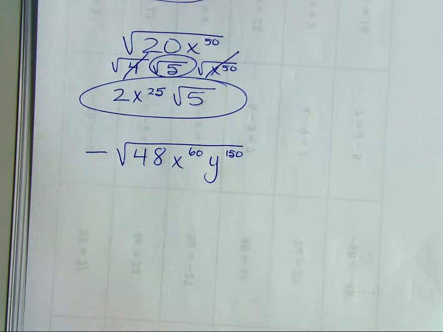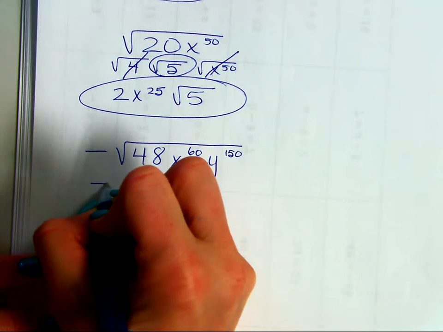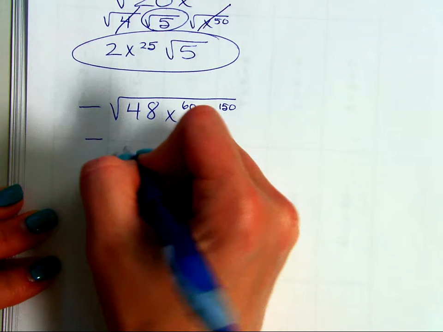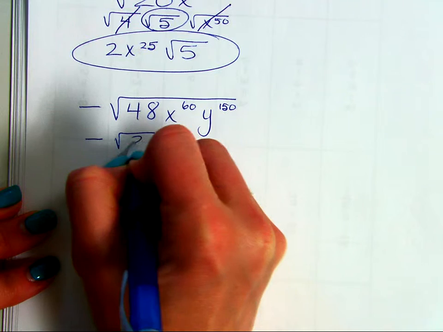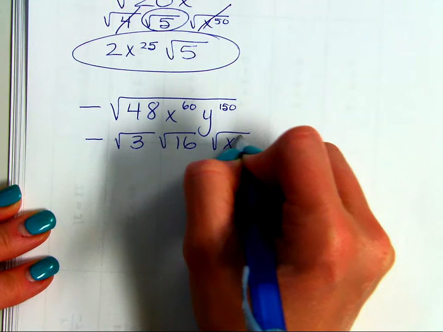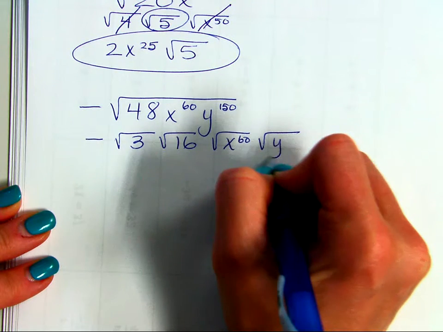So, anybody know what 48 divided by 3 is? 16. Okay? So, watch what I do. Bring that negative sign along, because if you forget it, it's going to be wrong. 48 is the square root of 3 times the square root of 16 times x to the 60th times y to the 150th. You have to do that.